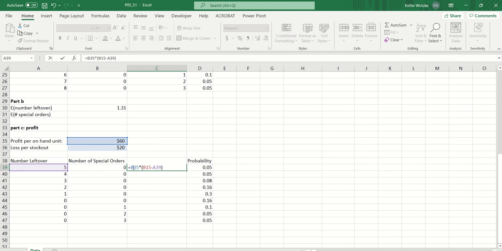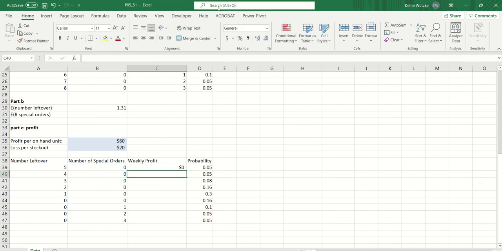And one thing I just realized is I need this reference to be fixed. And then my number in stock also needs to be fixed for this formula to be carried down. And then I'm going to subtract from that the number of special orders times the loss per stockout, and I want that reference to be fixed. And that should give me my weekly profit.